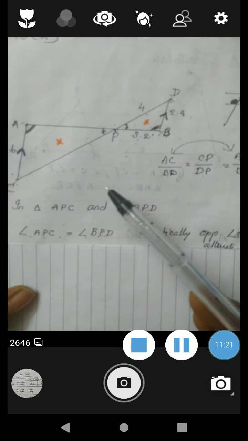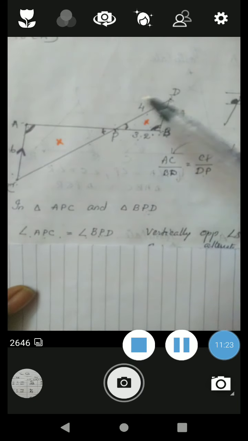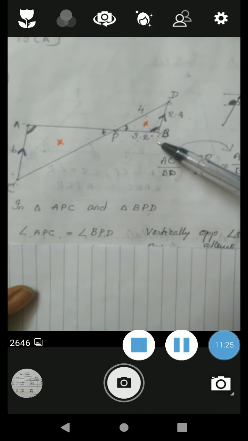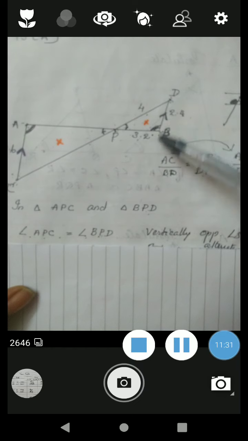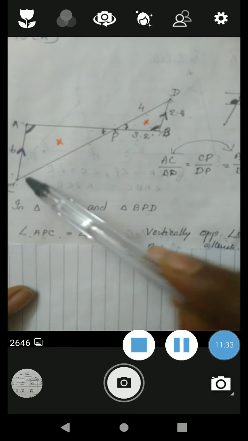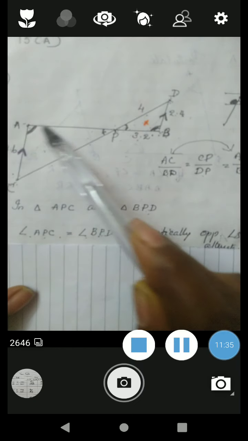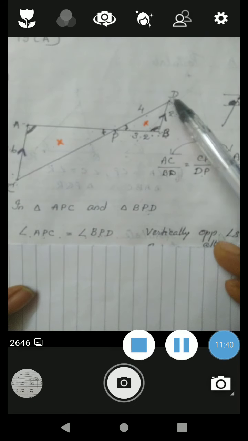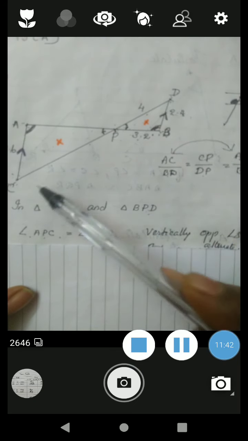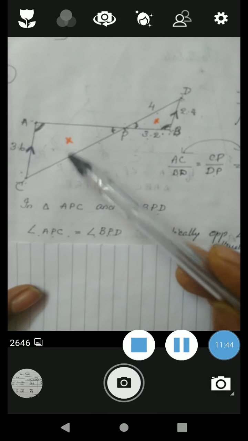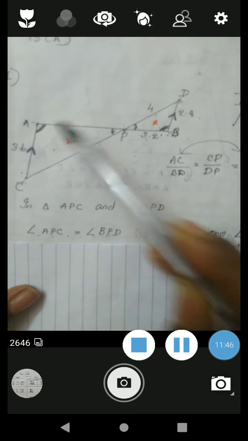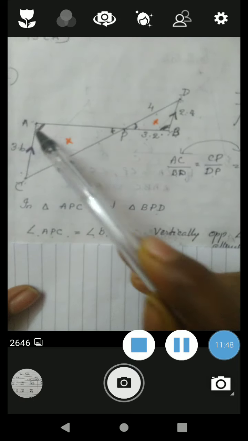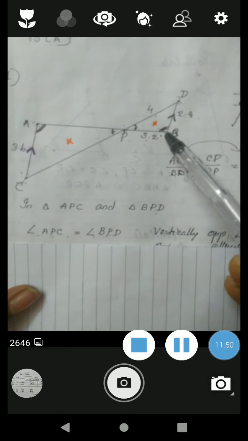Now, it is given AC parallel to DB. That is given in the question. If these two lines are parallel, then AB and CD are the two transversals. Therefore, what about these two angles? Interior alternate angles.